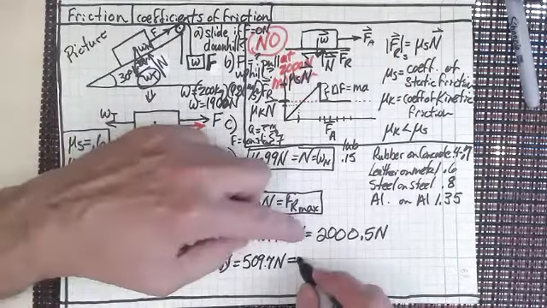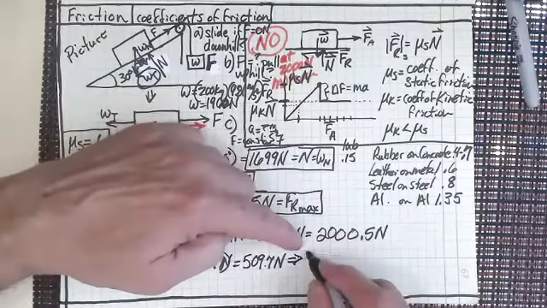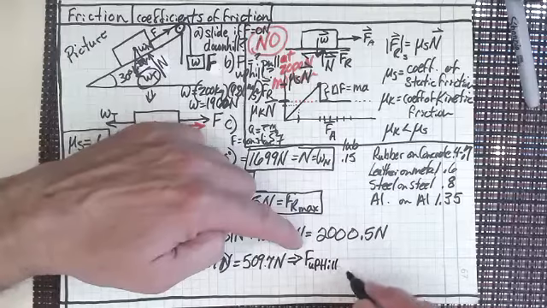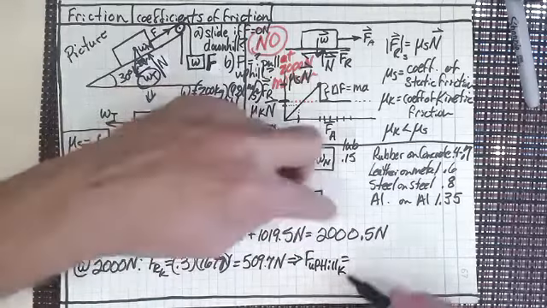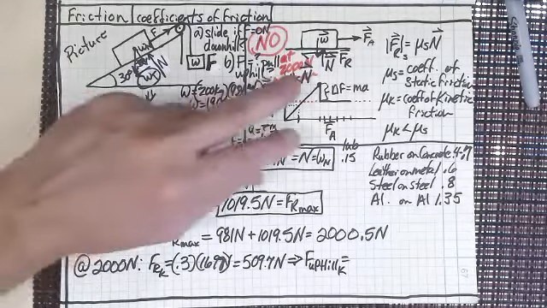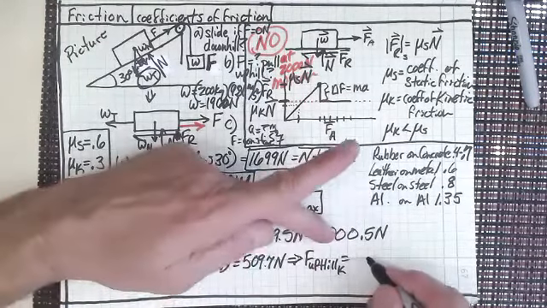So the total force opposing it uphill kinetically is only going to be, well, that's not right. Wait a second. Minus 509.7 is 1490, right?